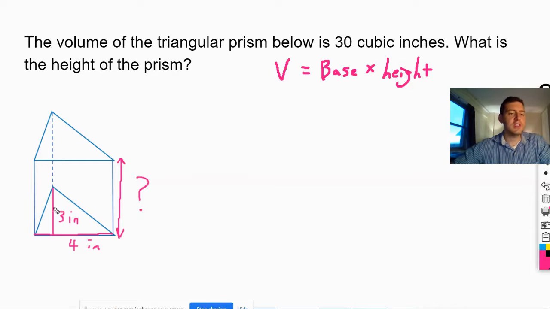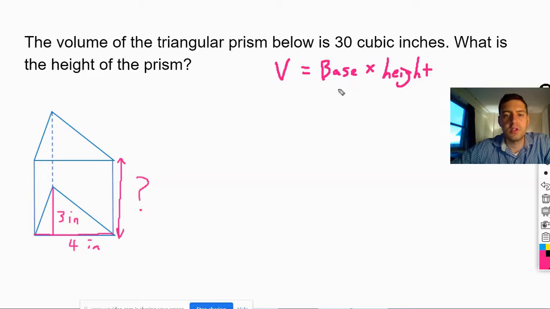And then you can see that if the base is a triangle, then you just have to remember how to find the area of a triangle. The area of a triangle is 1/2 times the base of the triangle times the height of the triangle, or what I called a few minutes ago, the length of the triangle times this perpendicular length over here.